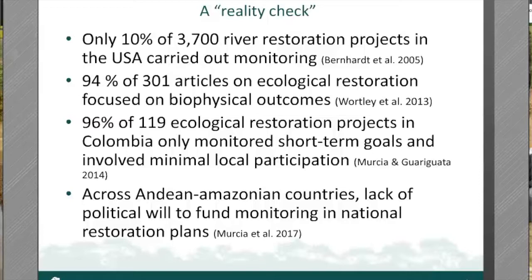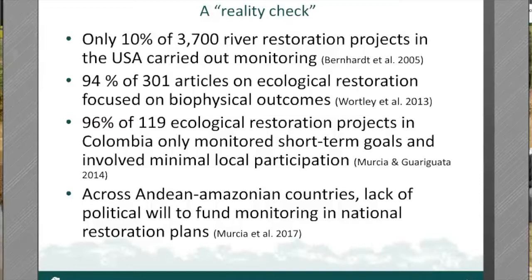We finalized an assessment last year on Andean Amazonian countries, Ecuador, Colombia, Peru, and Bolivia, looking at restoration of Andean forests, high elevation forests, and we found that across all those countries there was a clear lack of political will to fund monitoring in national restoration plans.